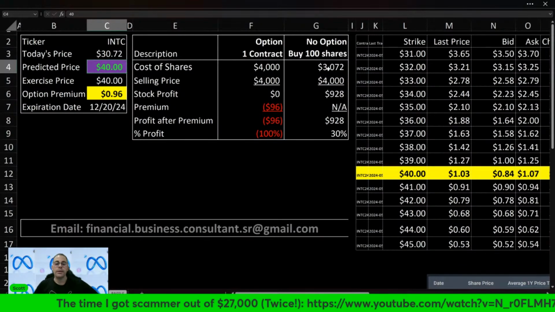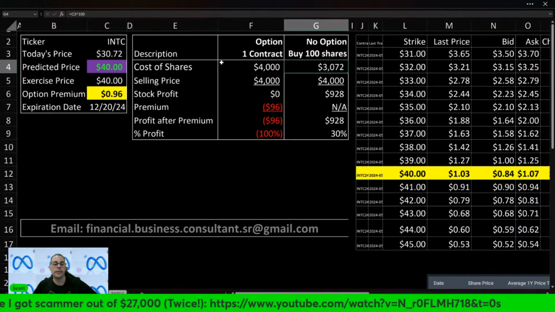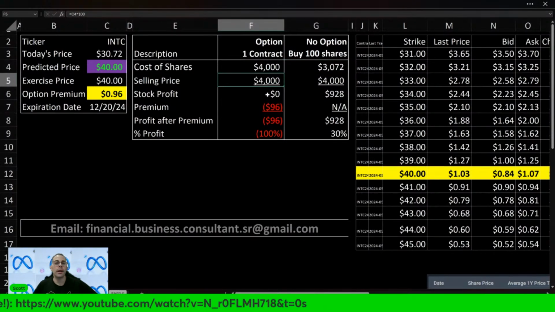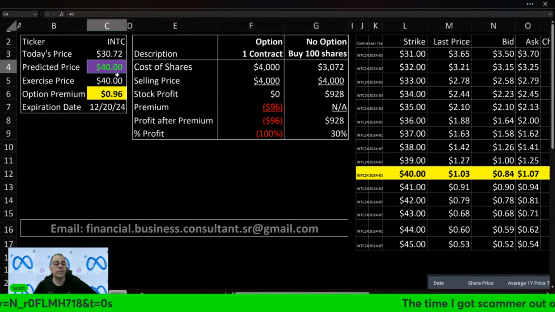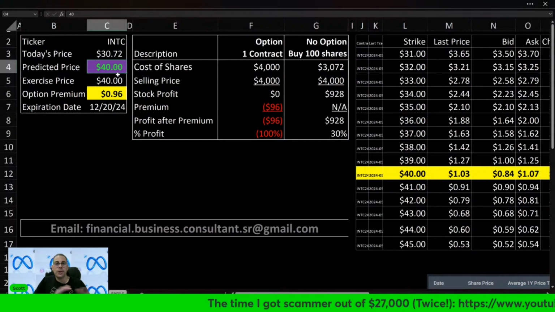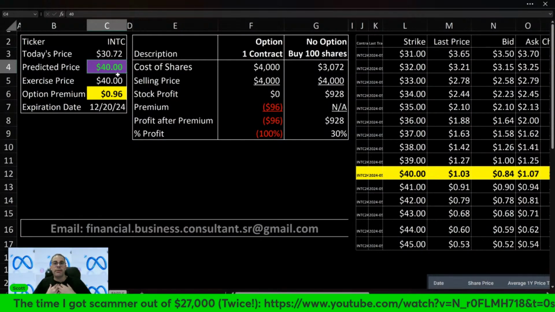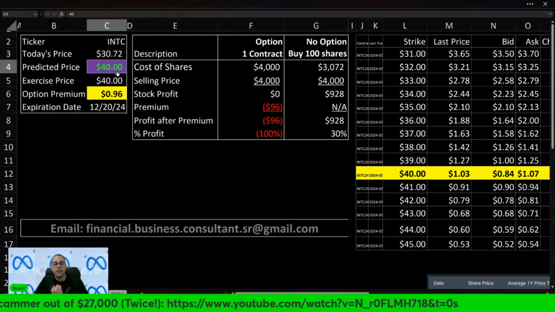So if you don't have $3,072 to spend for 100 shares of Intel, you can just buy one option contract. Now let's say we're not going to trade the option in the open market. I know a lot of people say that, because I would always trade and never really buy the stock, but I think this is a straightforward way to explain it.